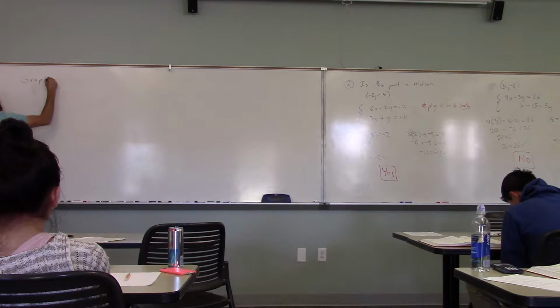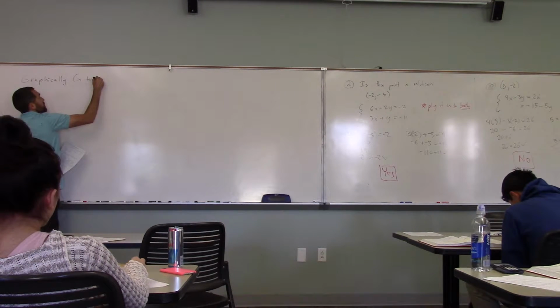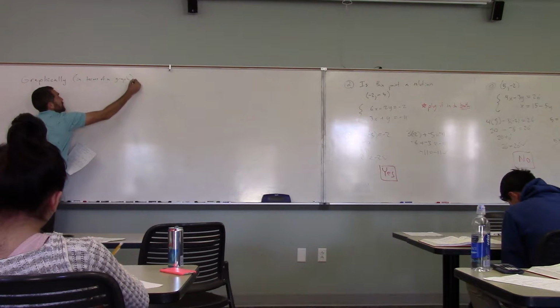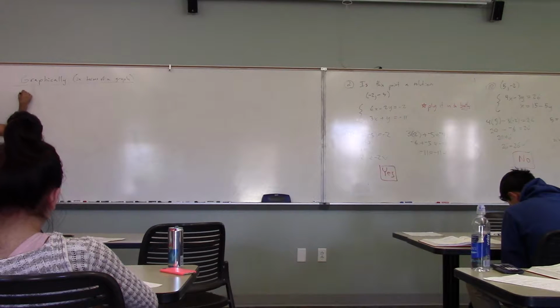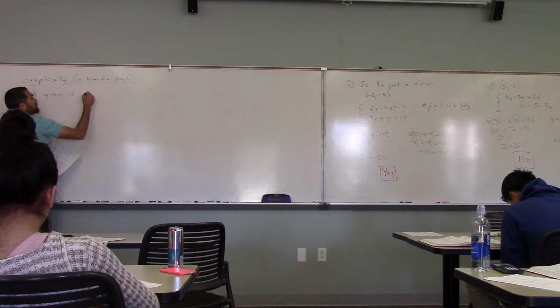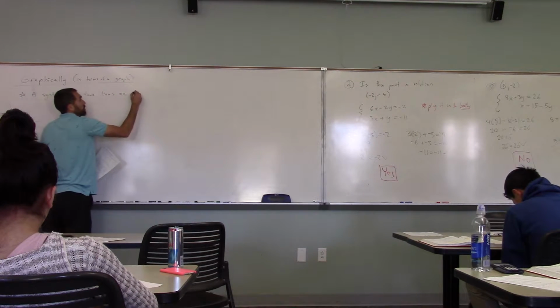So graphically, in terms of a graph, a system is 2 lines on one graph.